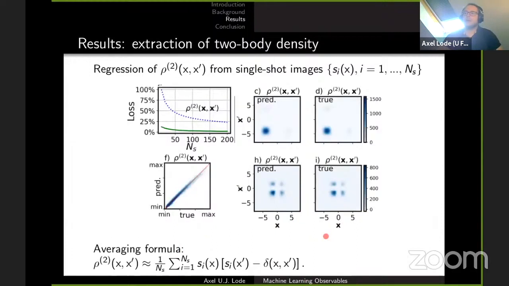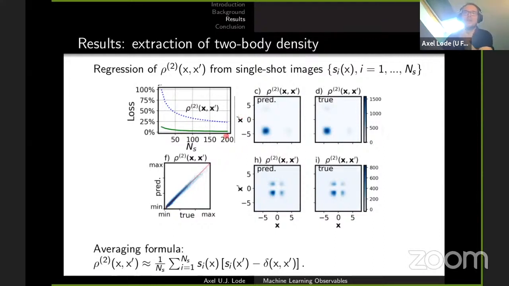So now let's increase the difficulty a little bit. We added results for the two-body density matrix, where the output is now a 256 points squared distribution. So it's 65,536 output variables, I don't know, so it's quite a lot.